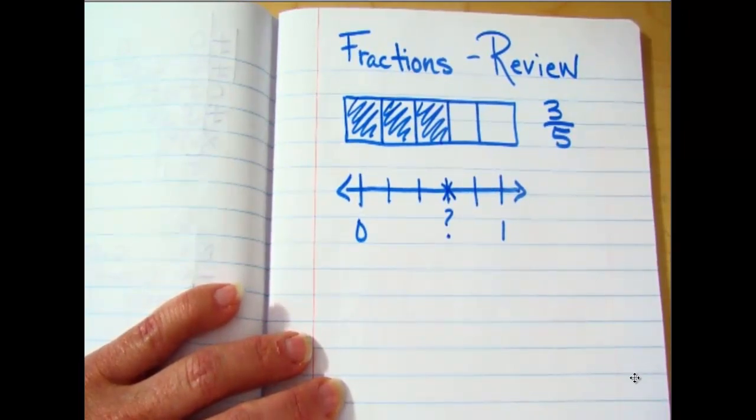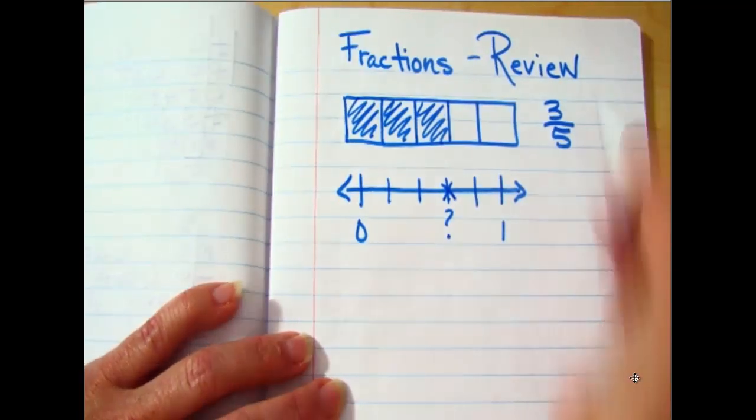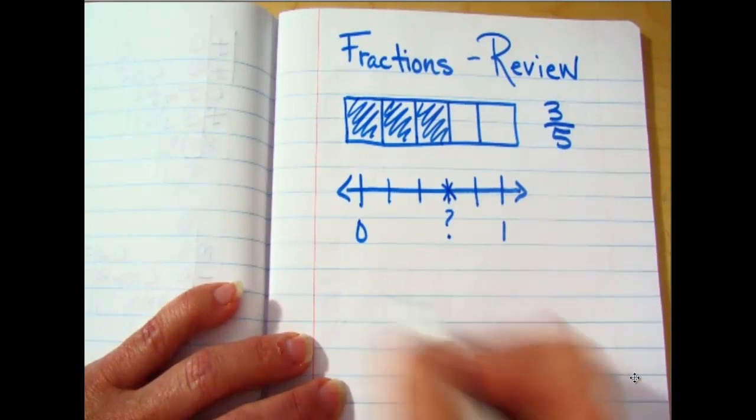Yeah, 3/5. Am I still showing the same fraction? Yeah, I'm just writing it a different way. So when we do fractions, sometimes we show it this way, sometimes we show it this way.